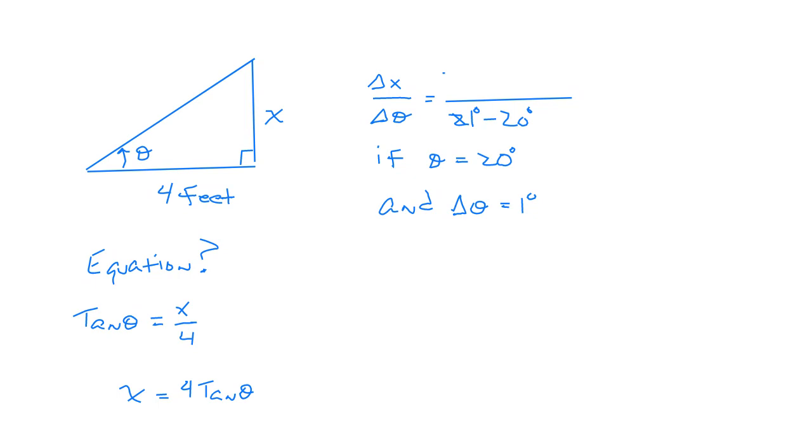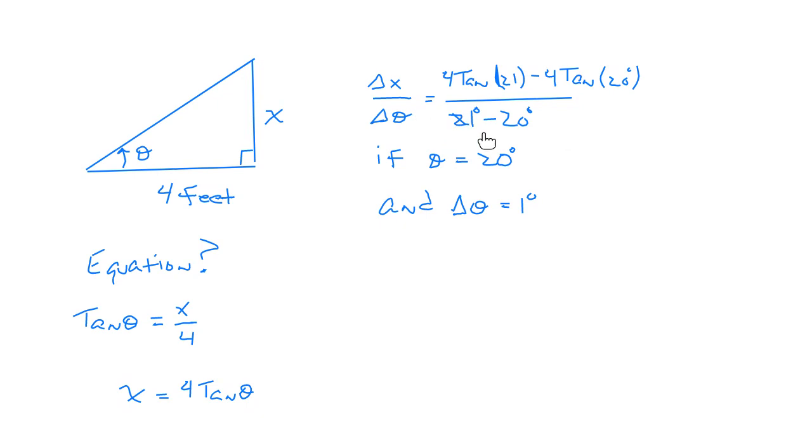X is 4 tangent theta, so 4 tangent 21 degrees minus 4 tangent 20 degrees. I know it's a little sloppy because of the pen I have to use. This number minus this one is the change in x. That's how much this side changes by when this angle changes from 20 to 21 degrees.